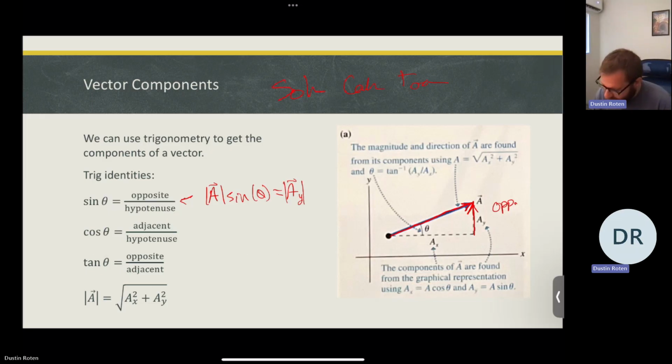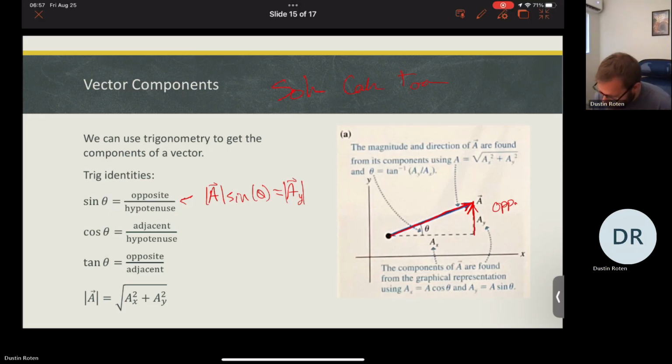Now I'm going to try and change colors here. Hopefully I don't break anything. So let's say we wanted to know this length here. Let's say we wanted to know how much we need to stretch the i hat vector, the unit vector, to recreate this Ax here. Well, that is the adjacent piece.